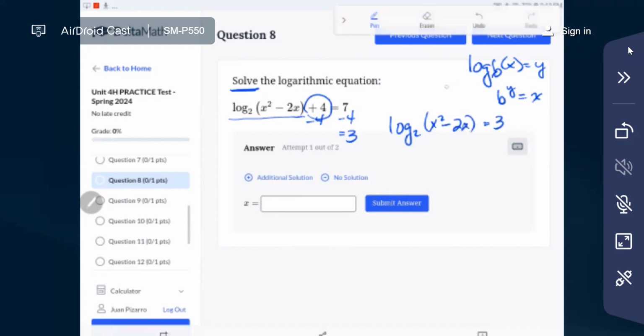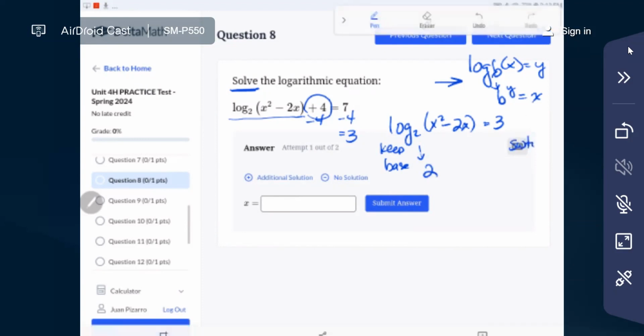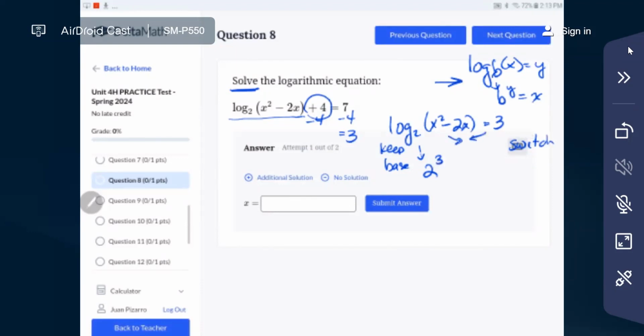All right, now we can use this idea right up here. We're going to keep the base. The base is 2, so keep the base. That's a 2. And then we're going to switch these. So the 3 goes over here, and this one goes this way.